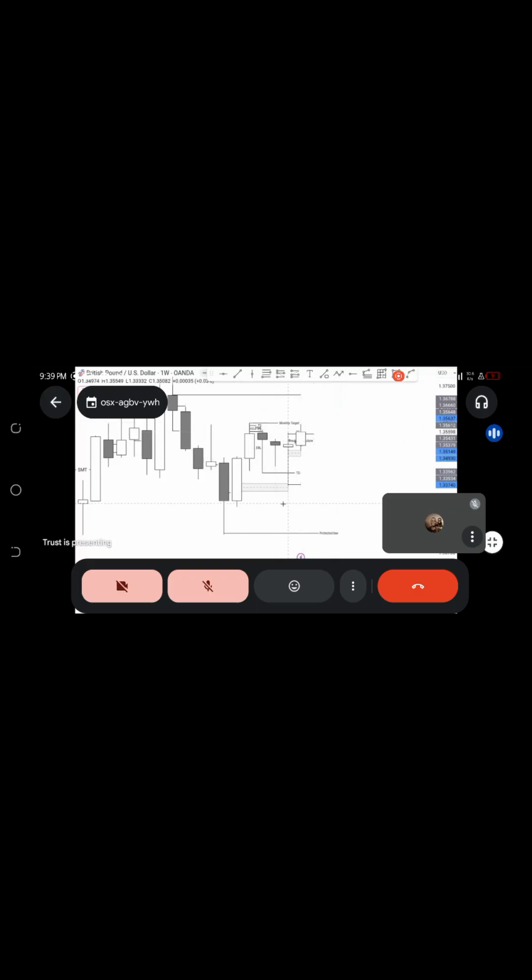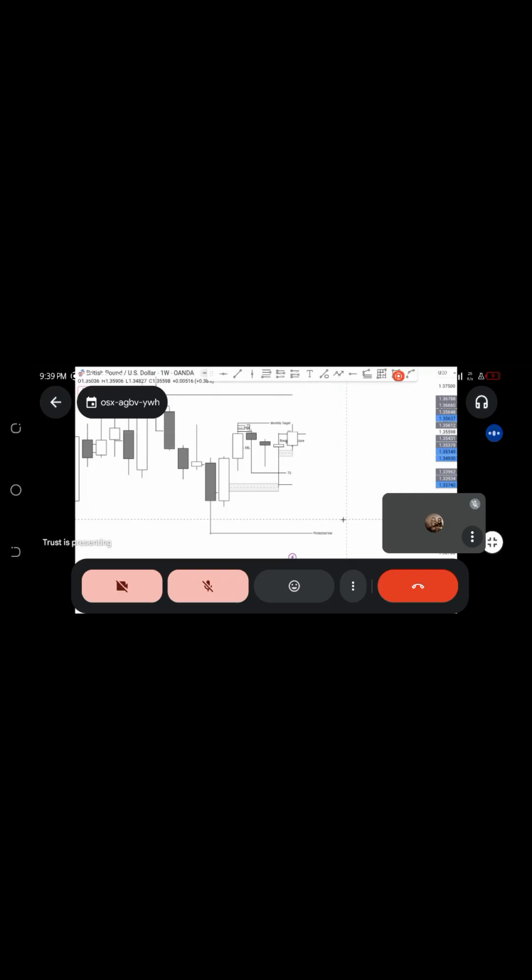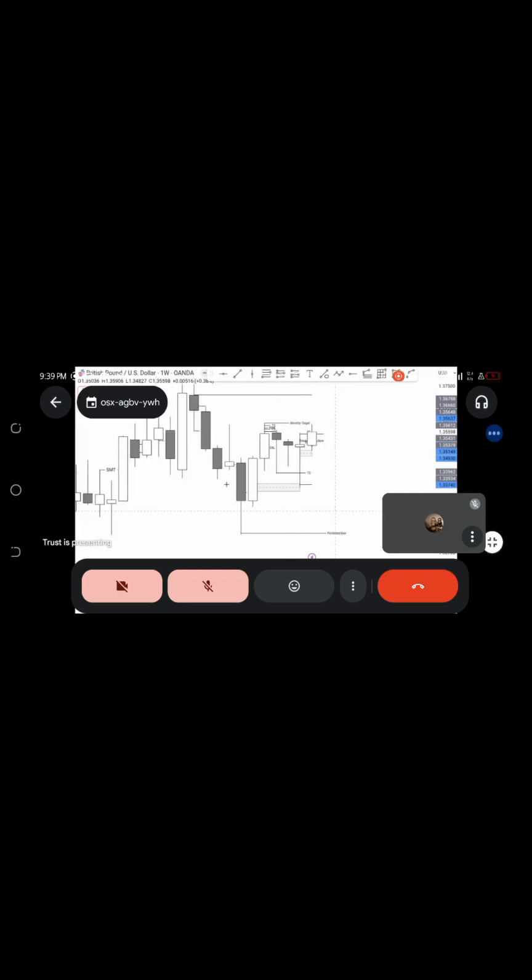Let me explain what a range is so you understand. A range is, when you get a three candle pattern, I know you understand that a range is from a low to a high of swing points. A swing low and a swing high makes a range.